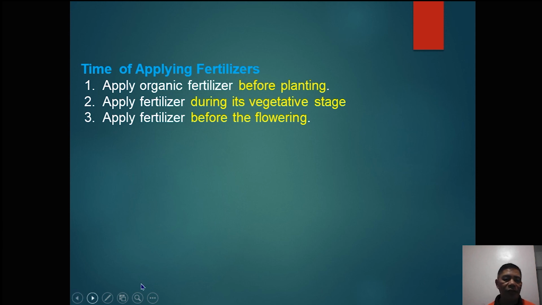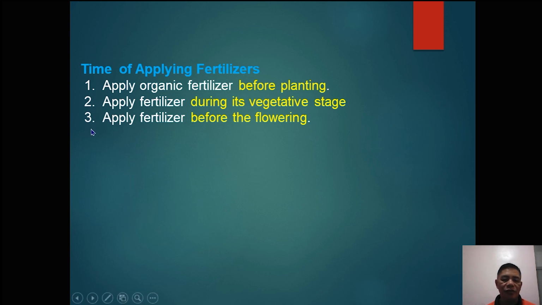Okay, then the last one is apply fertilizer before flowering. First, vegetative stage, and then before flowering, because if you apply this to the plant during its fruiting stage, it might not anymore be used.